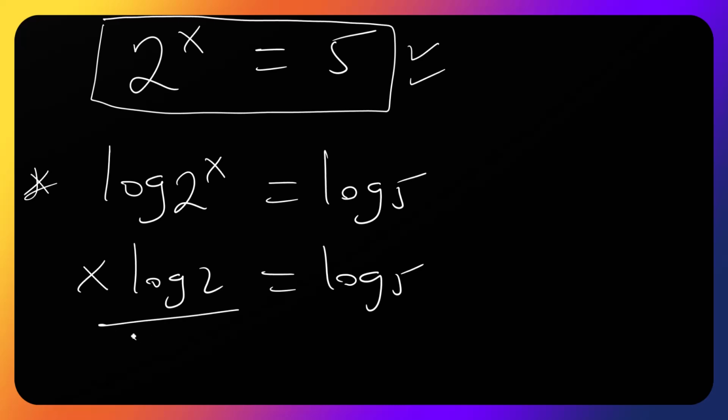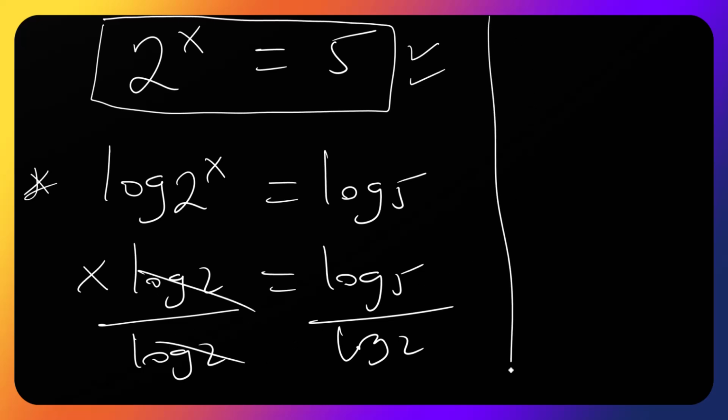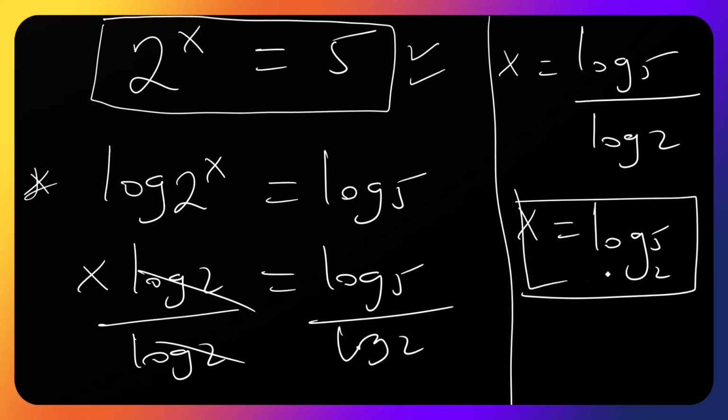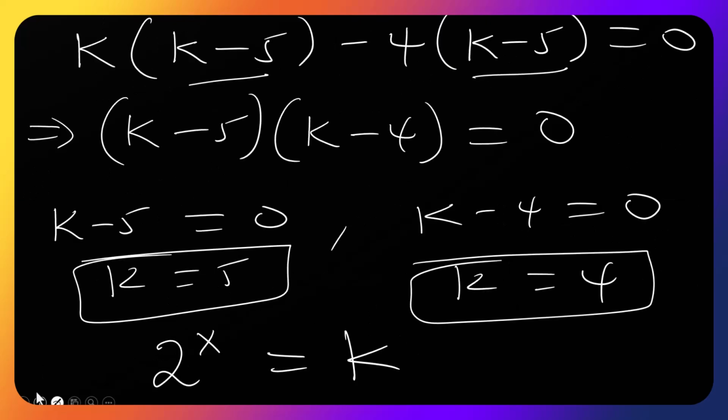So let's divide both sides by log 2, and this side will cancel. So my x is simply log 5 over log 2, which is the same as log 5 to base 2. Now we will throw more light on this in the upcoming videos. Don't worry, we will understand them. So that is for the first answer.